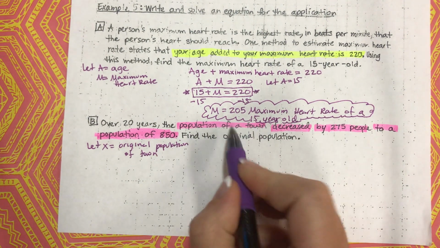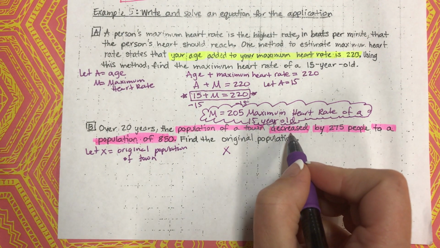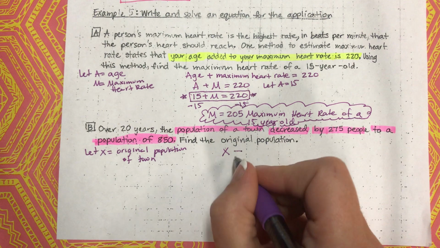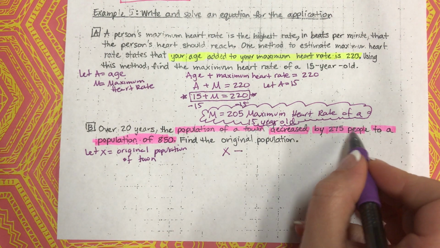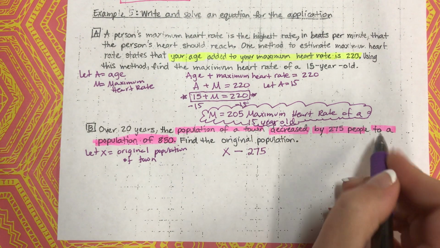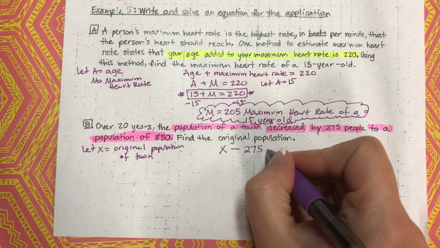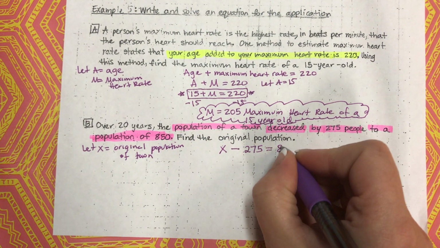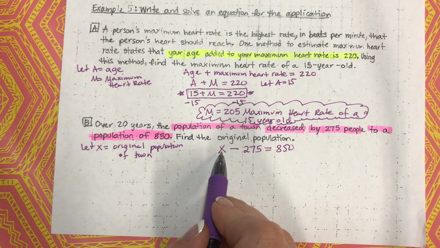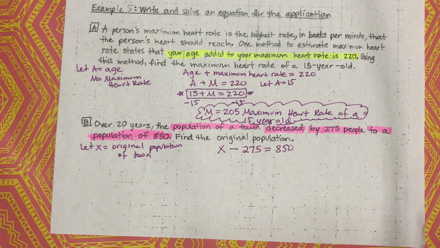Population of town, that is my x. So I'm going to write x decreased, means subtraction, by 275 people. So it's minus 275 to a population. That pretty much means that it equals 850. So here's my original population that I started with. It decreased by 275, and now we're at 850.